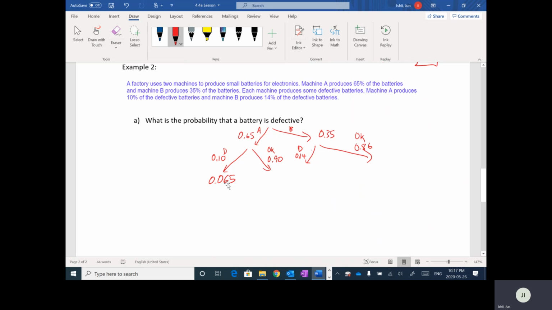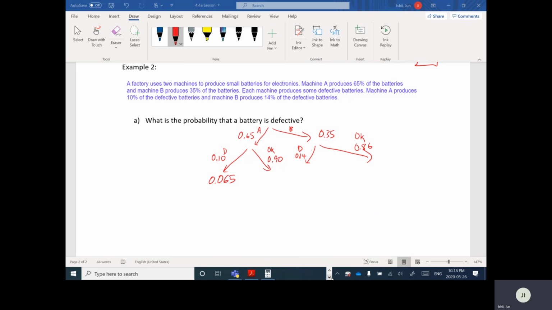This is 6.5%, so 6.5% of the time, the battery that you get will come from machine A and be defective. Now if we do the same thing and multiply 0.65 with 0.9, this is the probability that a battery comes from machine A and is okay.